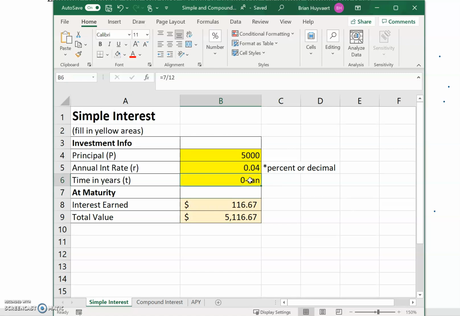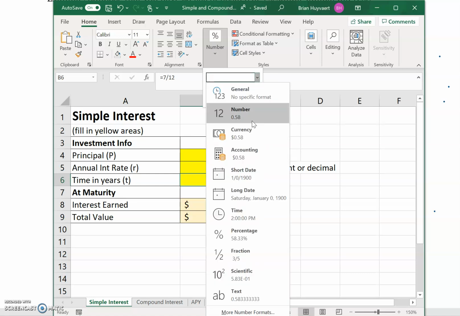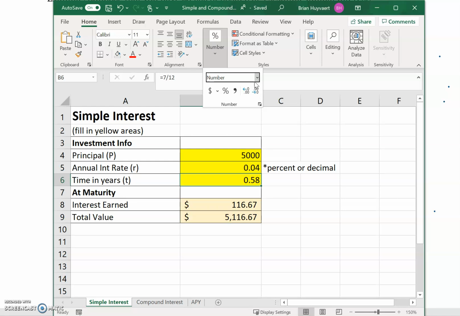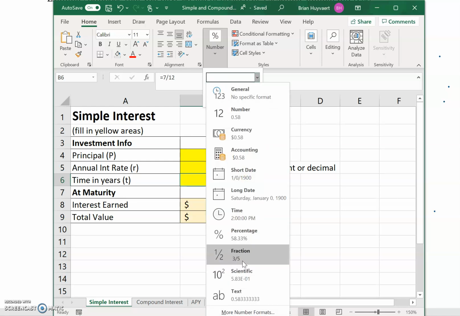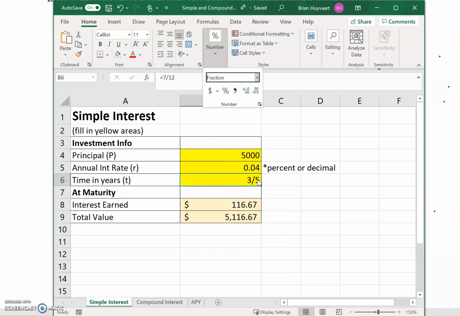Again, it's going to give us a weird value here. So just double check what we're looking at. Instead of custom, let's make sure it's as a number or as a fraction. Either way, that's fine. So if we do that, then we see more realistic values here.